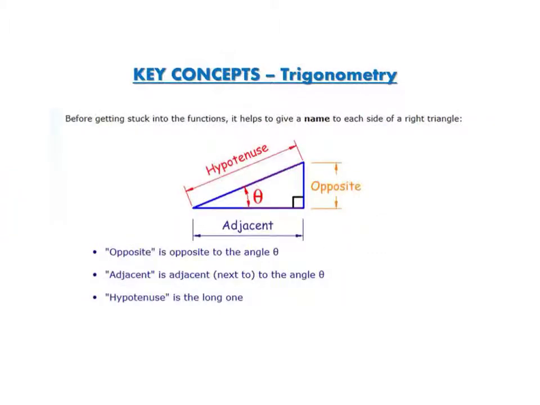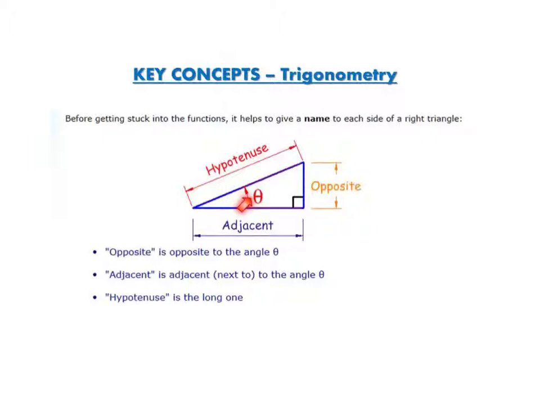Before you get stuck, before you get all worried about it, we're going to give a name to each side of a right triangle based on the angle that we're looking for. If this was angle A, they give this angle this little Greek symbol right there. That's just for that angle.